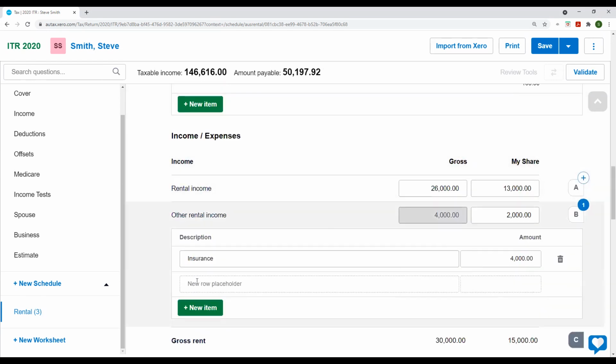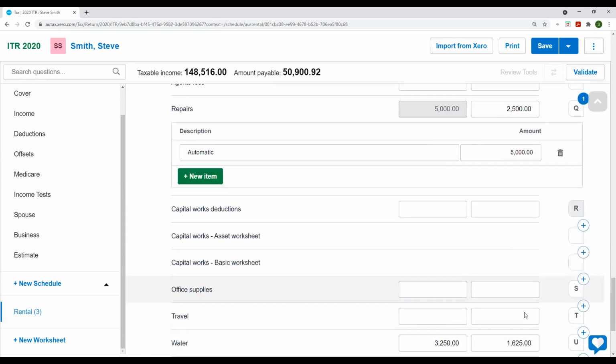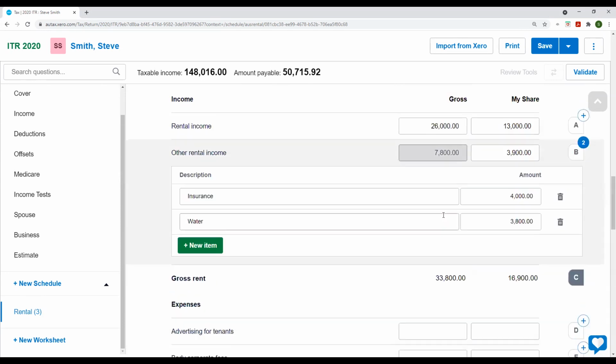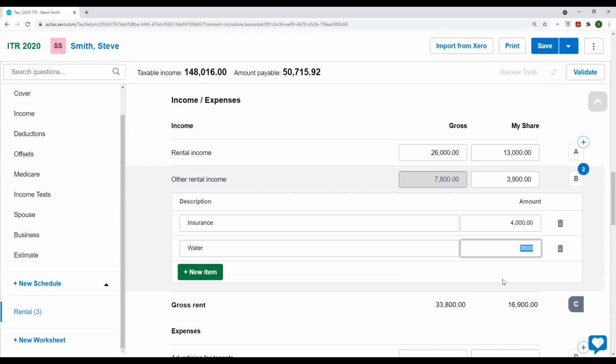That will come as income here, water reimbursement or whatever repayment. How much? 3,800. You can see a difference. Say here 4,250 is the total bill I paid to the water board, but the client only paid back 3,800, because that's the water usage. The balance belongs to the landlord. So that's the one you want to clearly enter as the income.